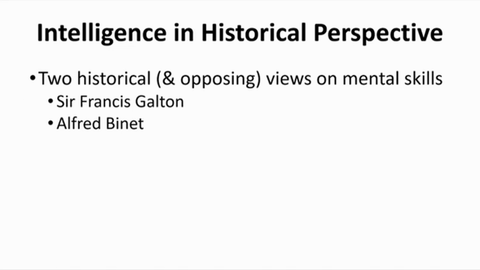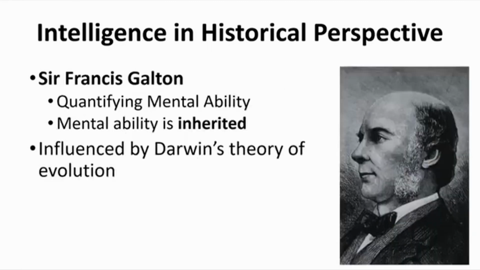And our starting point is going to cover two historical and somewhat opposing views on mental skills. So we have Sir Francis Galton and Alfred Binet, both of whom contributed to the field of studying intelligence. But let's start with Sir Francis Galton. Now, this name may have been familiar to you even before you started learning about intelligence.